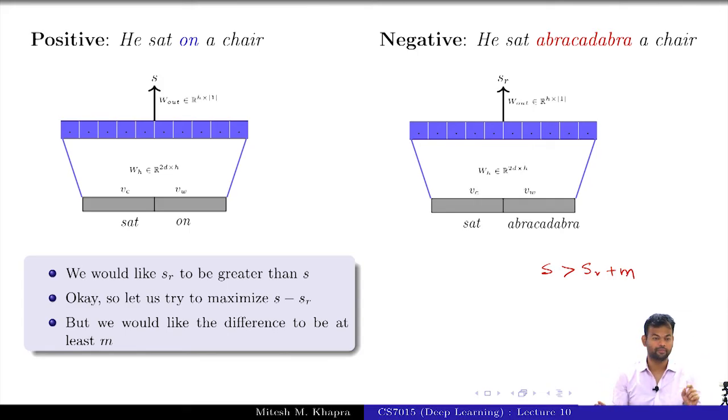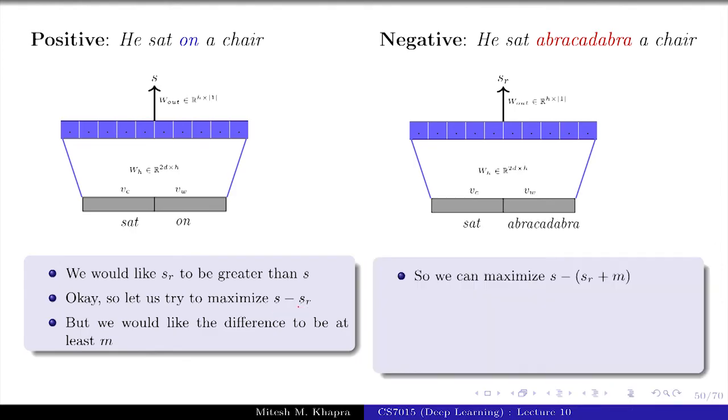I'm not okay if you tell me that S is 0.99 and SR is 0.98, because then you're not really distinguishing much. I want at least S to be 0.9 and SR to be less than 0.5 or something. So there should be some gap between them, and that gap is M. So instead of maximizing S minus SR, I'm going to maximize S minus SR plus M. Is that fine?